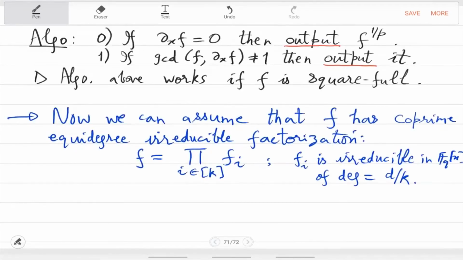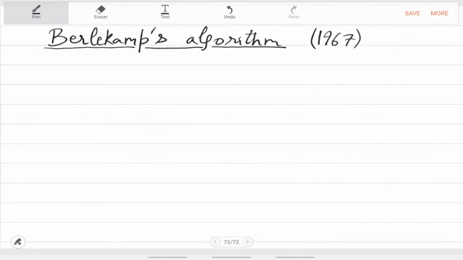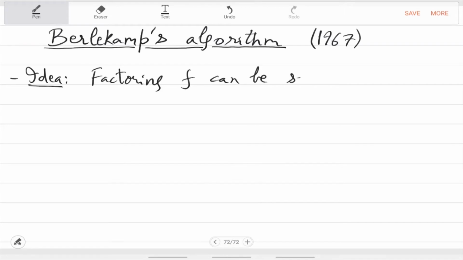So, remember this blue part. From now on, we will just implicitly assume this. Without saying, we will assume that the input polynomial f looks like this. So, the idea here is factoring f can be seen as factoring the quotient ring.